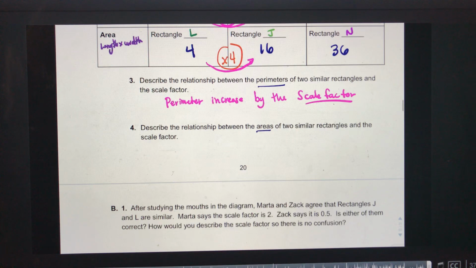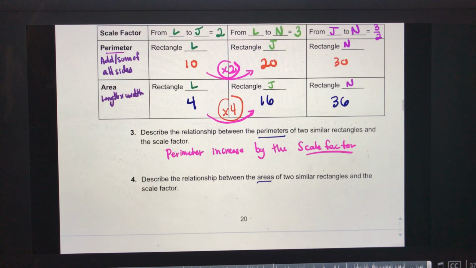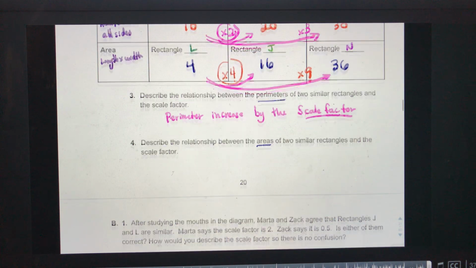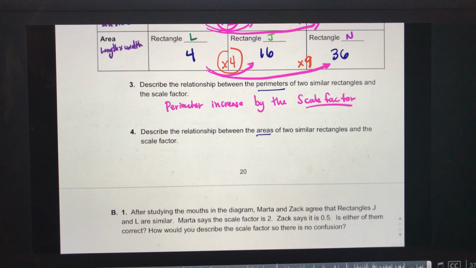So let's see the other relationship here. This one was times 3, and then from here to here, that was times 9. I should do this in red, just like the other one, times 9. So describe the relationship.